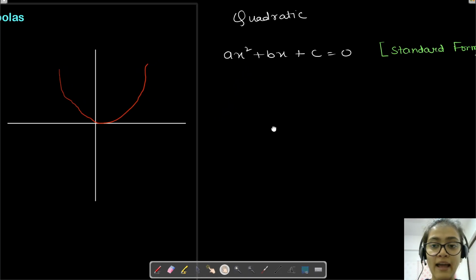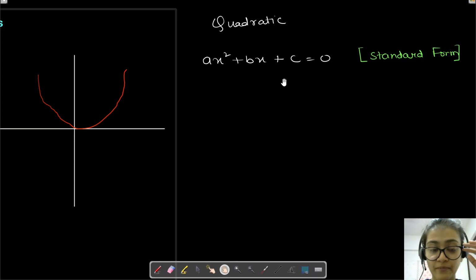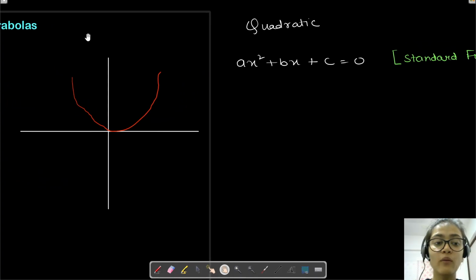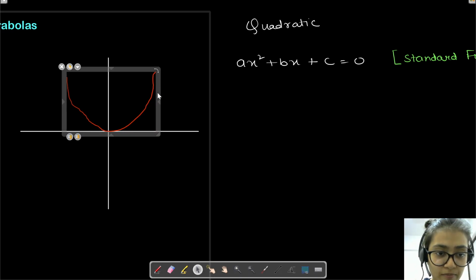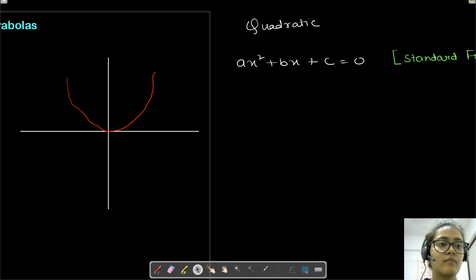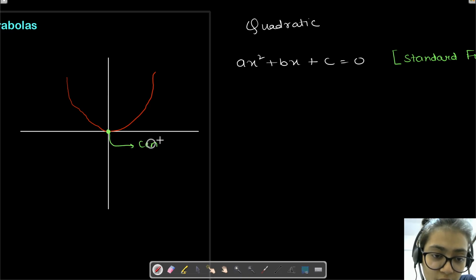Now just by looking at this equation, can you tell me what are the coordinates of the center of this parabola? Now see, this point that you see is the center of the parabola. Let me just shift it. So this point is called the center of the parabola.